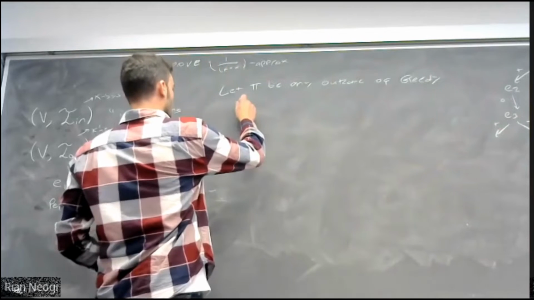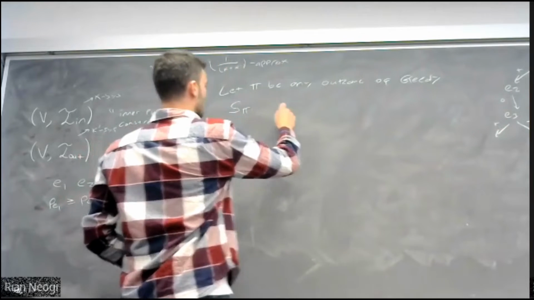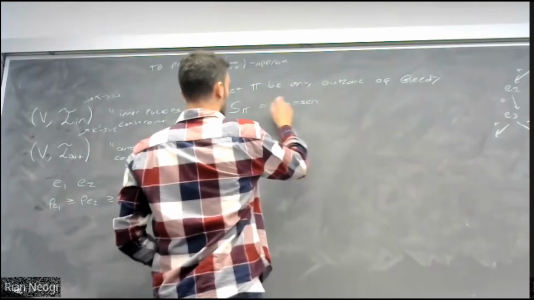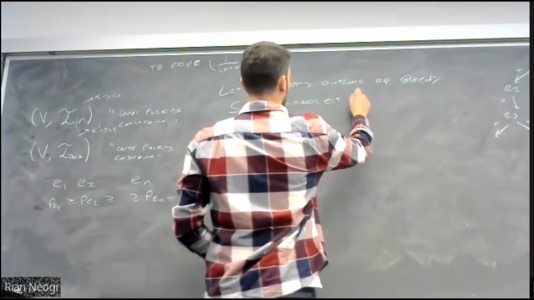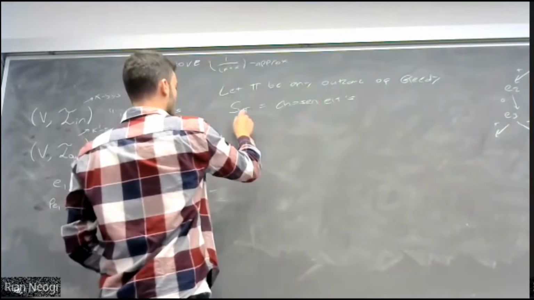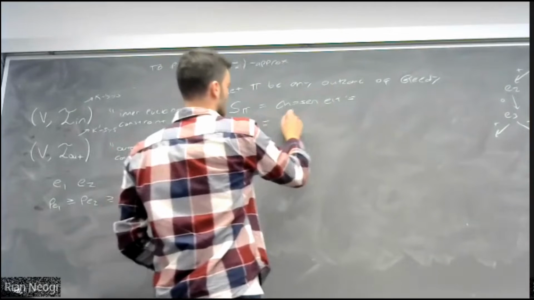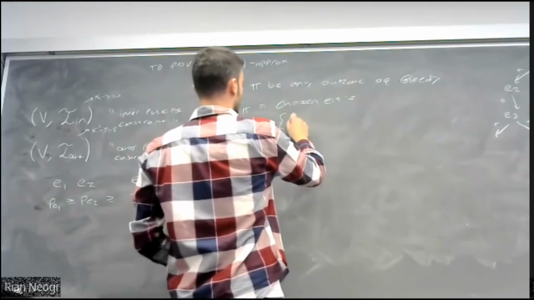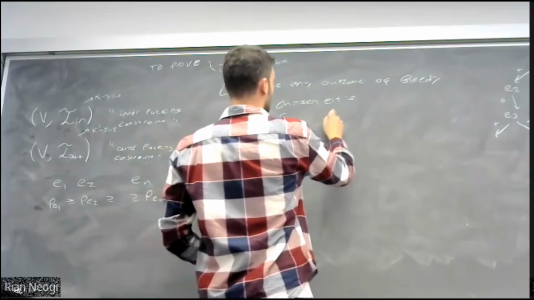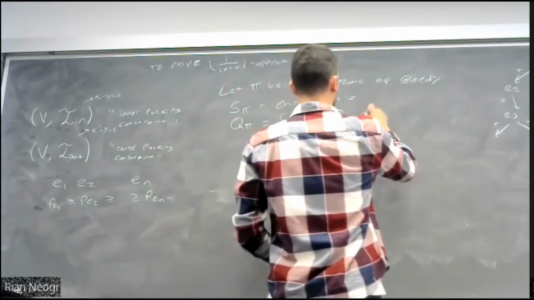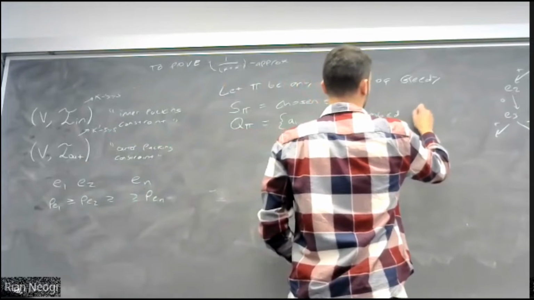If we let S pi be the set of chosen elements in this outcome, and Q pi be the set of probed elements, and we'll actually explicitly write out what it is, let's say it's A1 up to AL.